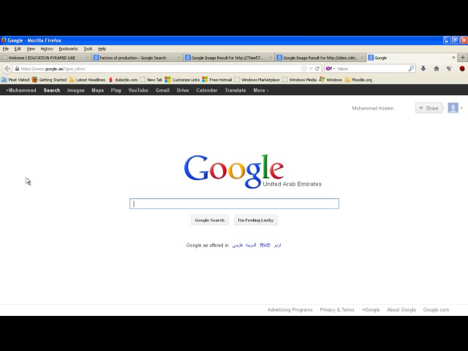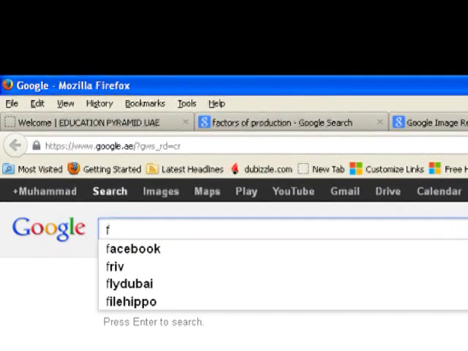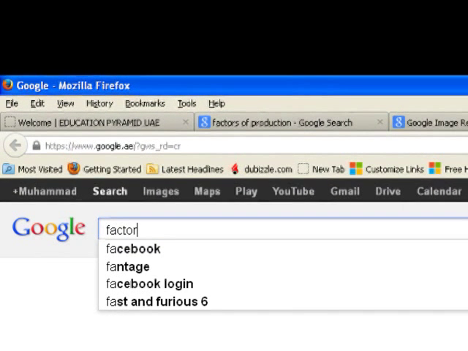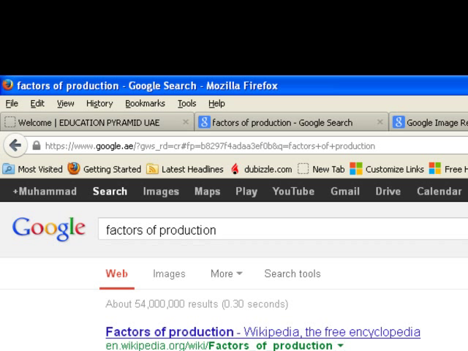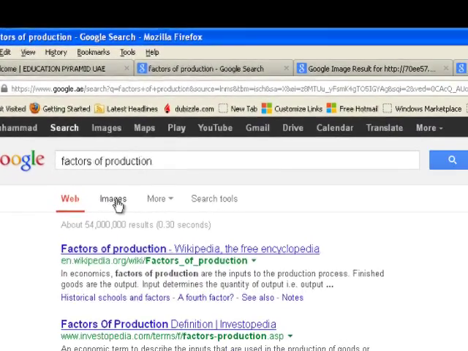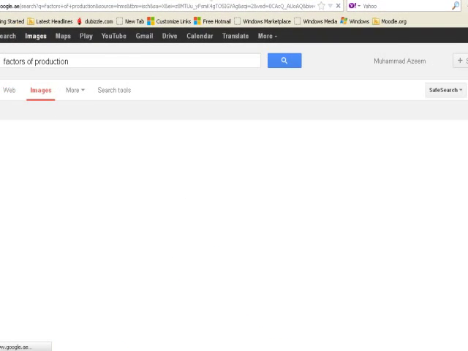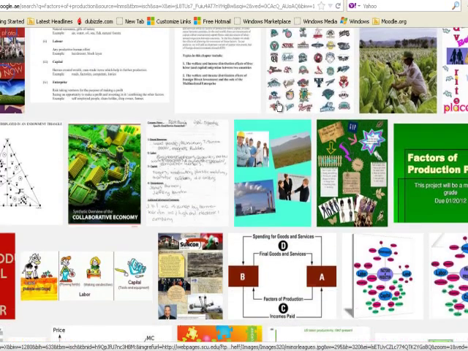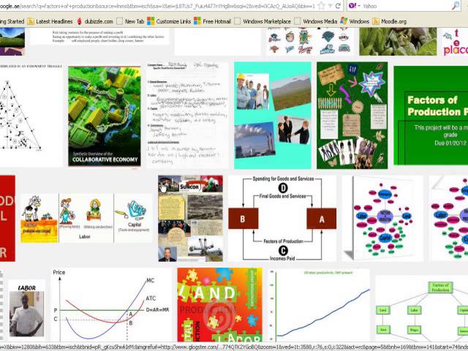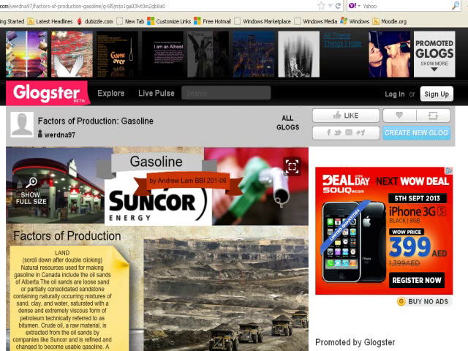Now if we go to the browser and search for factors of production, click enter and then click images, you will find a number of pictures. If we go down and click this image, we reach their website, www.gloucester.com.